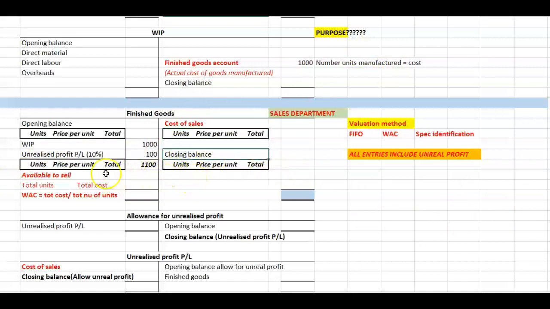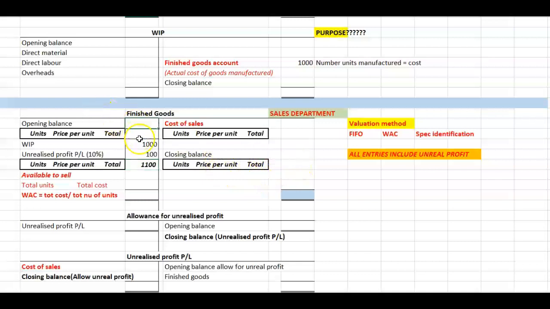In my closing balance, it will be some of these units which I've manufactured for the year that's still going to be on hand. So I'm going to determine the number of units still on hand multiplied by the price per unit, and the price per unit is going to be the 1,100 divided by the number of units for the year. So closing balance will also include unrealized profit.